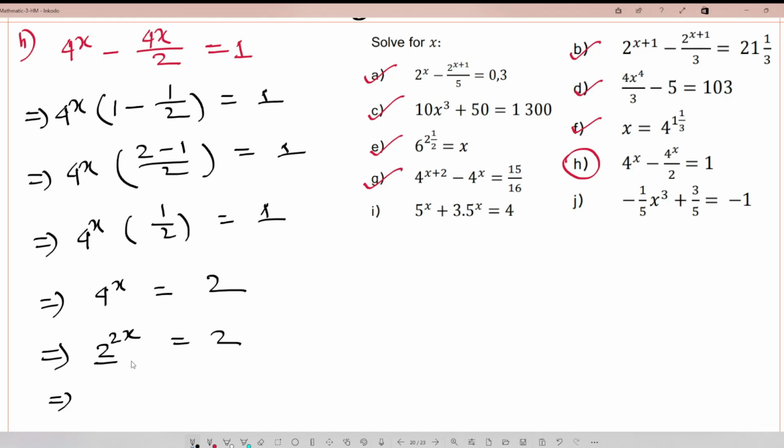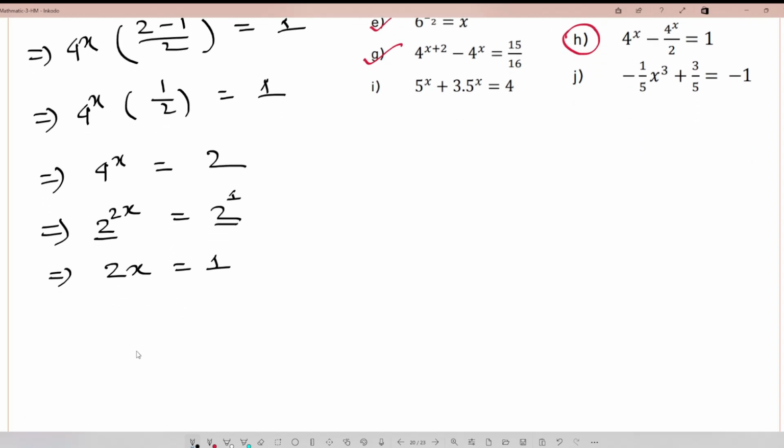Here 2 means 2 to the power 1. So 2 and 2 are equal bases, so the powers will be equal. So 2x equals 1. Now x equals what? Very easy. Dividing both sides by 2, it will be 1 by 2. So this is our answer.